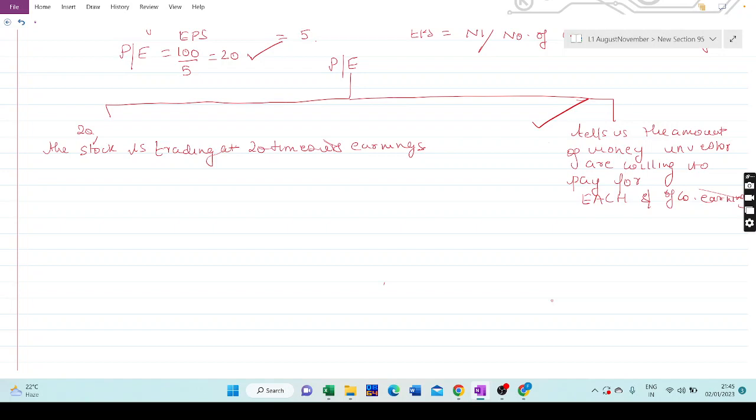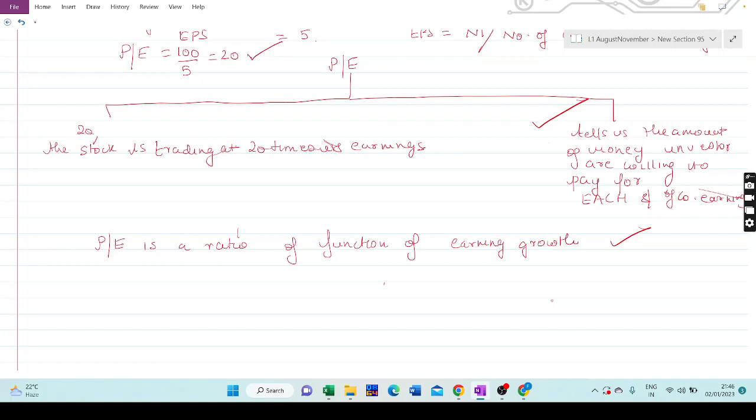So with this discussion, we can conclude that the PE ratio is a function of earning growth. If earning growth is expected to be higher, if the market is very optimistic about the company's future earning growth, then the PE ratio would be high.